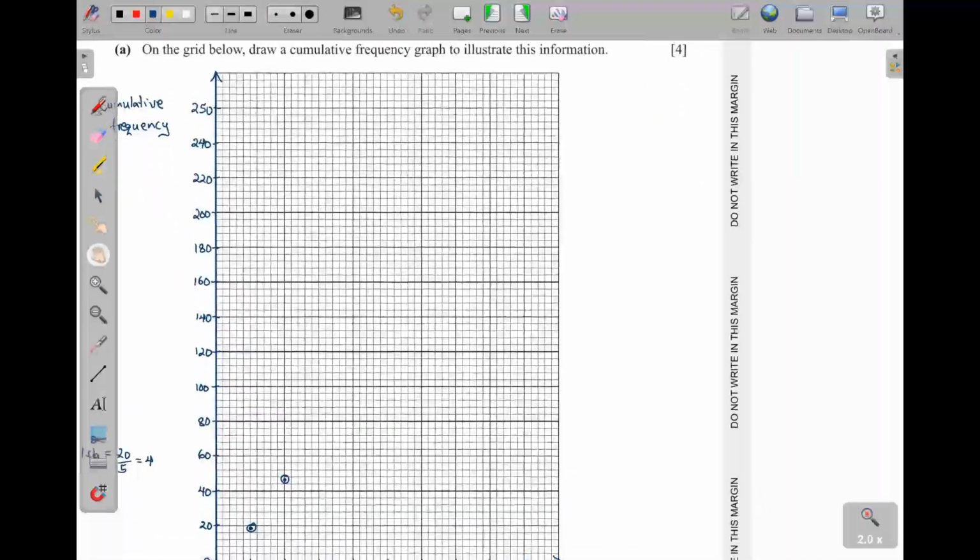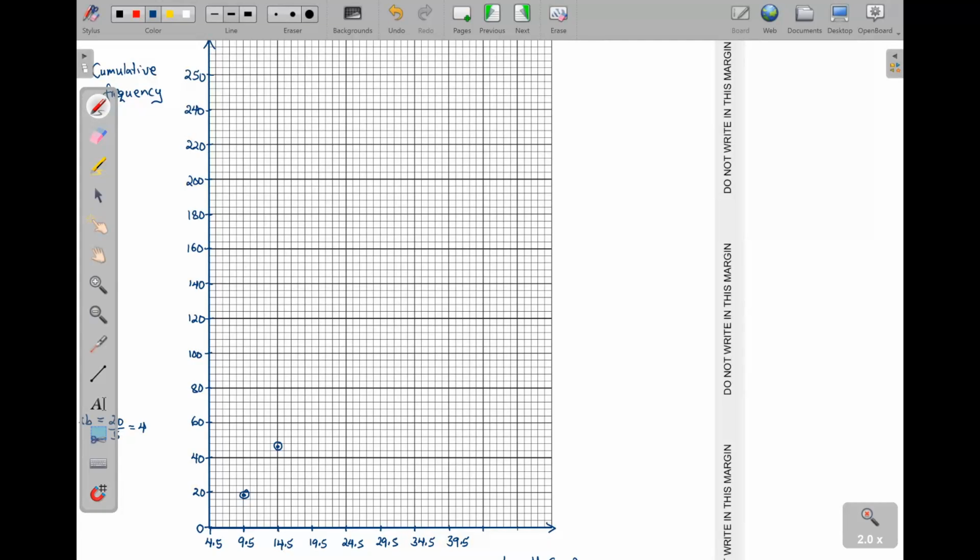Then the next one, for 19.5, will be 106. So 100 is here. Then 106, 6 divided by 4 is 1.5. So I'll come up here and add on 1.5 small boxes.